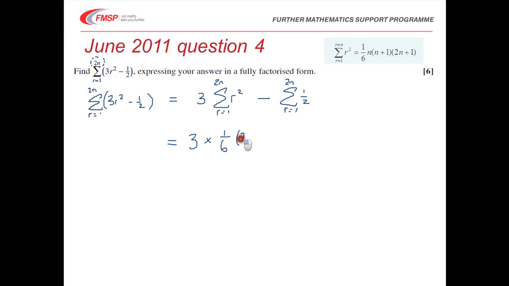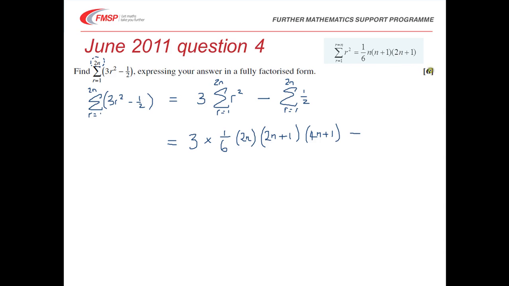So I'm going to have a sixth of 2n times 2n plus 1 times 2n will become 4n plus 1. So hopefully you can see everywhere I've got an n here, I'm replacing it by a 2n. So 2n became 4n.